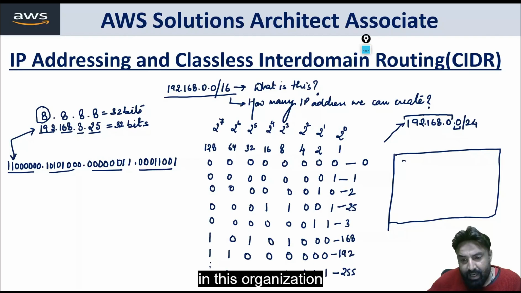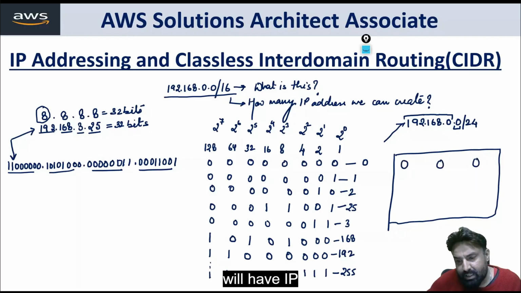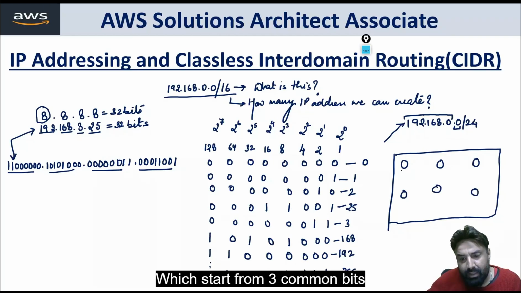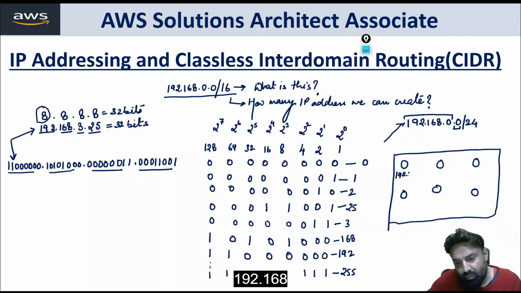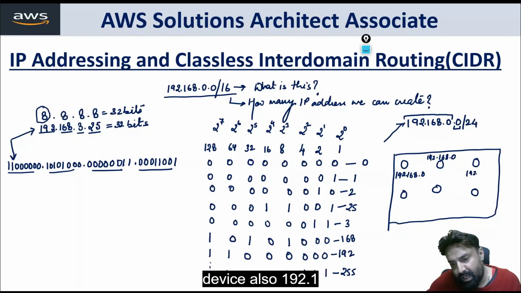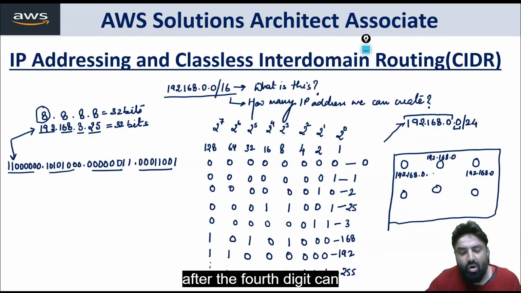All the devices in this organization will have IPs which start with 3 common octets, 192.168.0. This device also 192.168.0. This device also 192.168.0. And the 4th digit can vary.